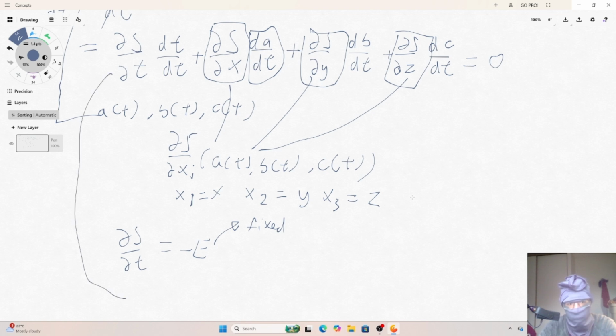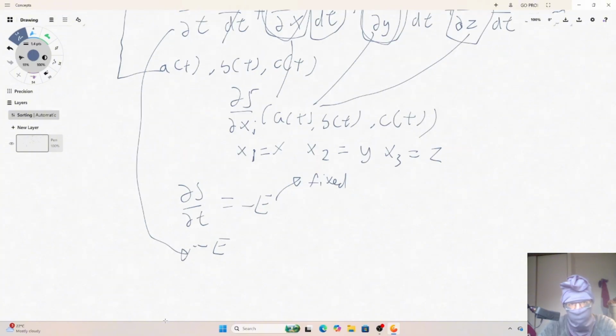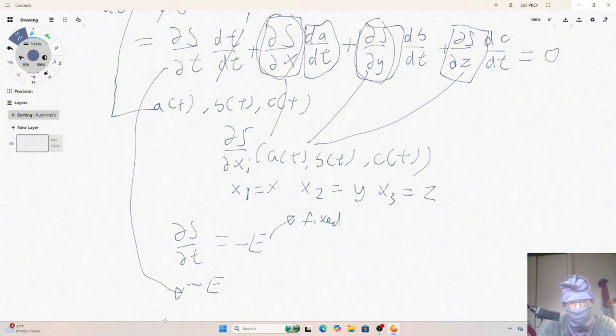So rewriting that, since dt over dt is equal to 1, it's minus E plus dS over dx, the inner product with the velocity.